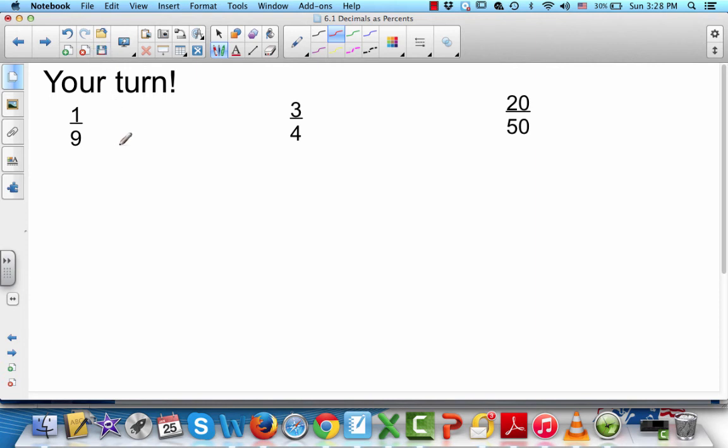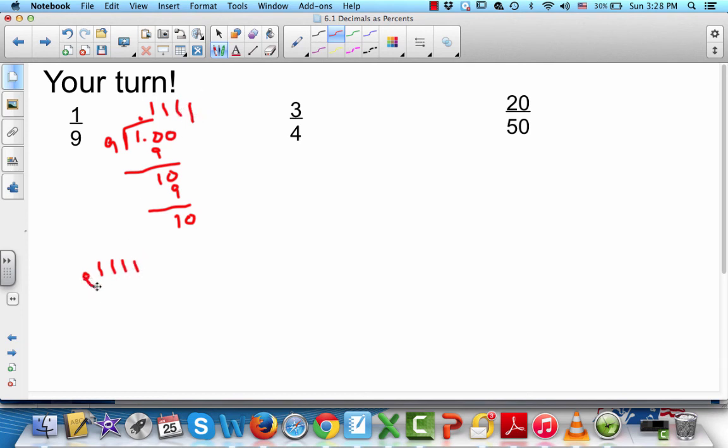So when we have 1/9, we're going to go 1 divided by 9. So we go 9 goes into 10 one time. 9 goes into 10 one time. What do you think? It's going to do that forever. Okay, so it's going to be 0.111, and you want to round it to the nearest tenth of a percent, so you're going to have to carry it out 4 places.